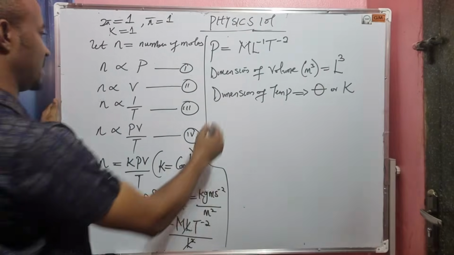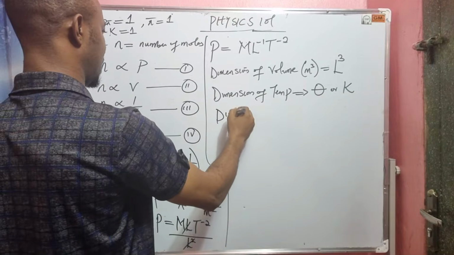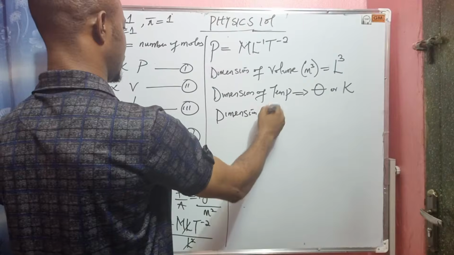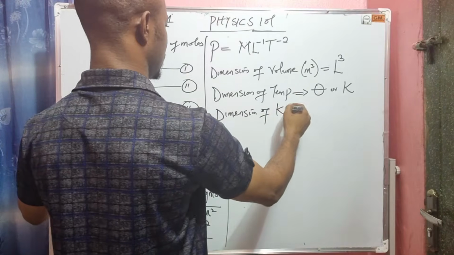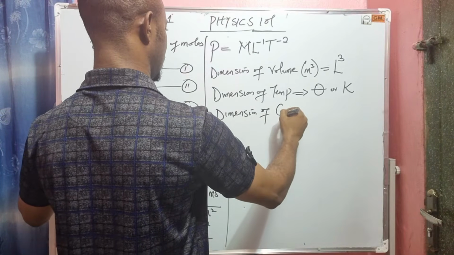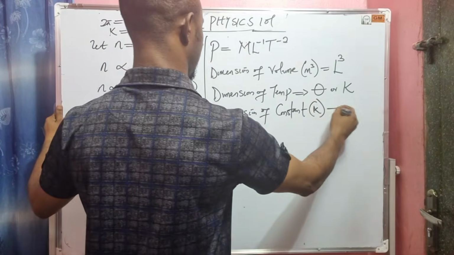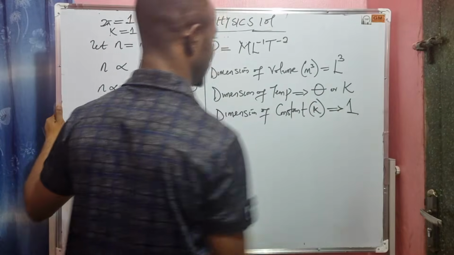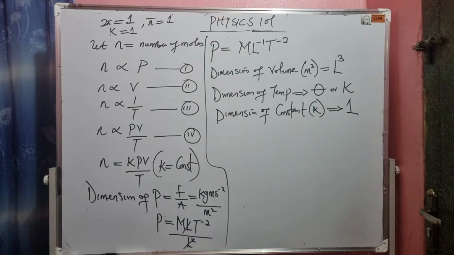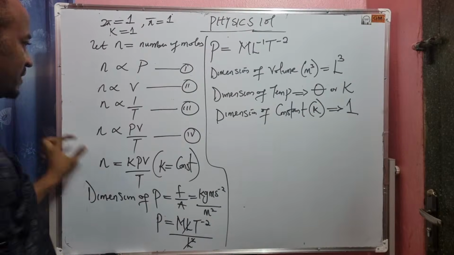The next is to find the dimension of our constant, the constant K. The result is 1. Every constant must have a dimension of 1. So let's input our values.